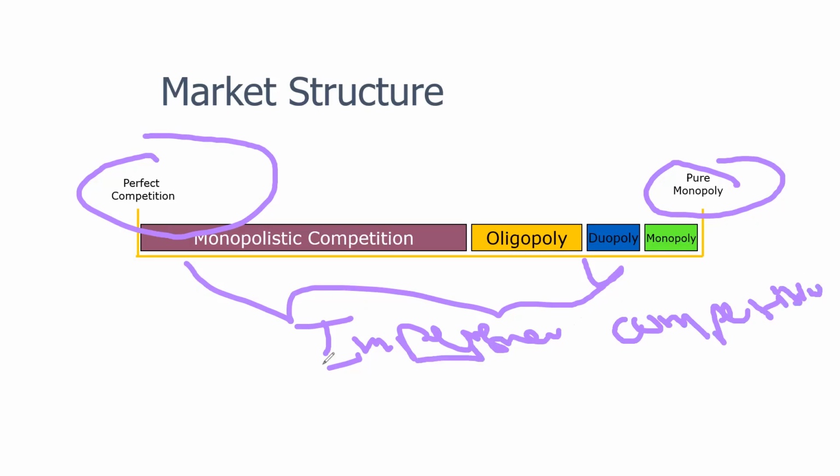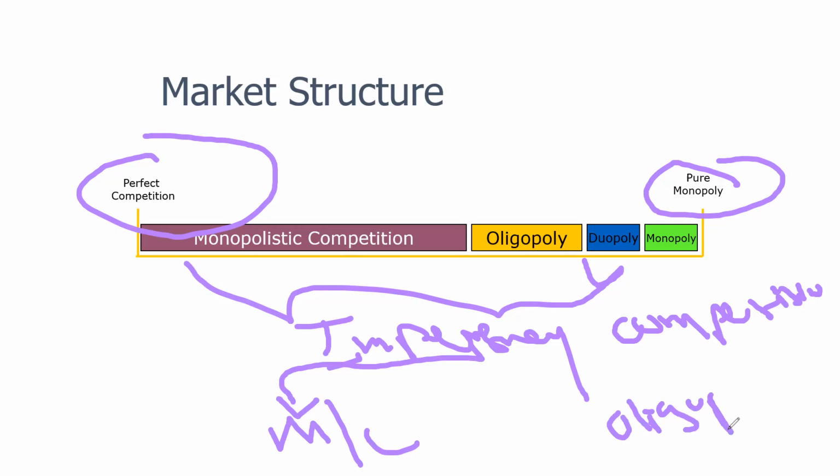Under the imperfect competition we can identify the monopolistic competitive market structure and the oligopoly market structure, right?